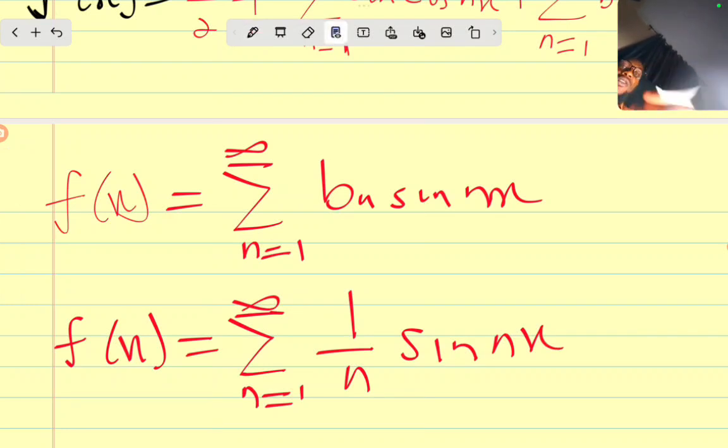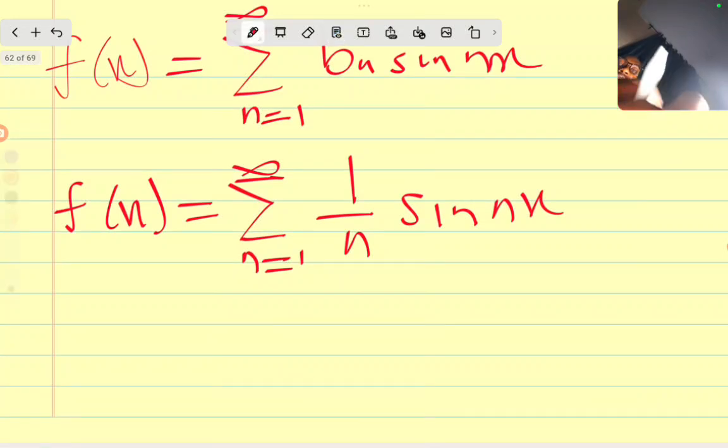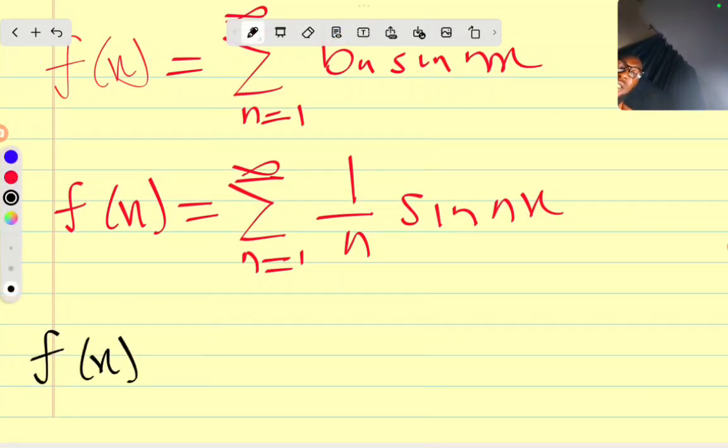So the next thing that we are going to do is to write out the breakdown of this summation, which is the same thing as the Fourier series that we're going to have as our final answer. My n starts from 1, so I'm going to put n equal to 1, n equal to 2, n equal to 3, n equal to 4, like that. So for the first, I'm going to have sine x.